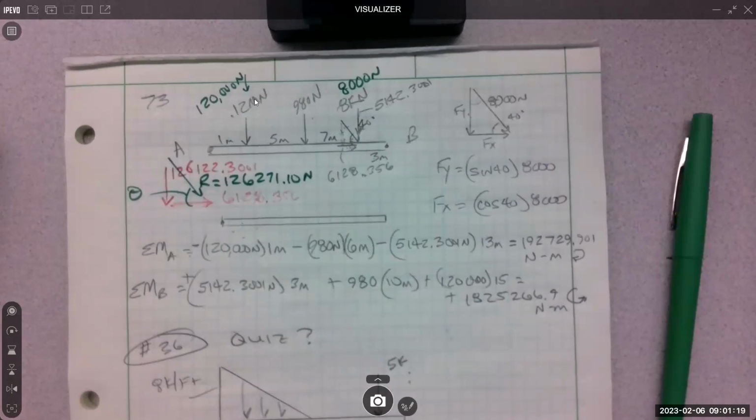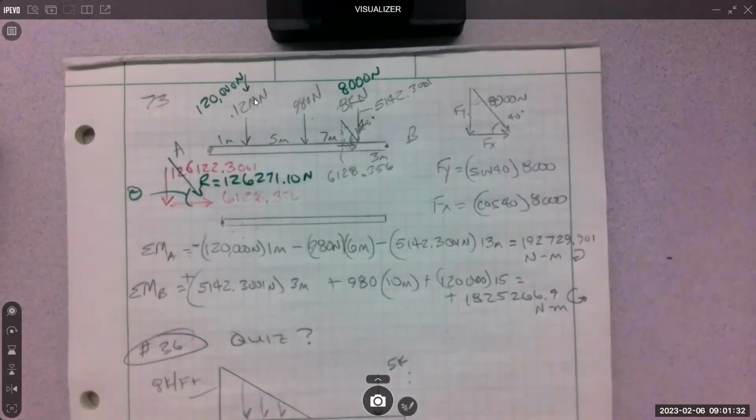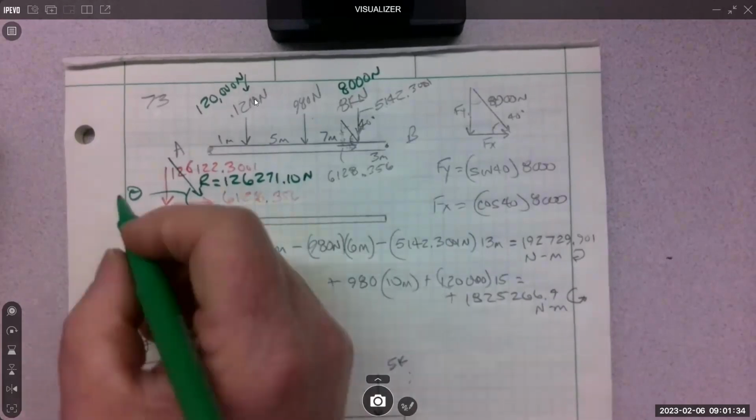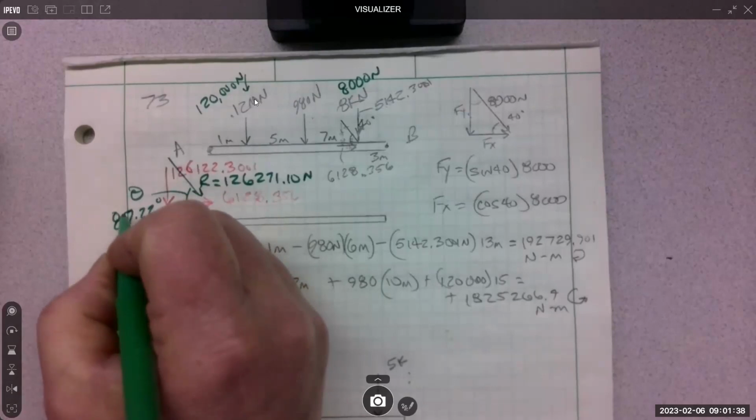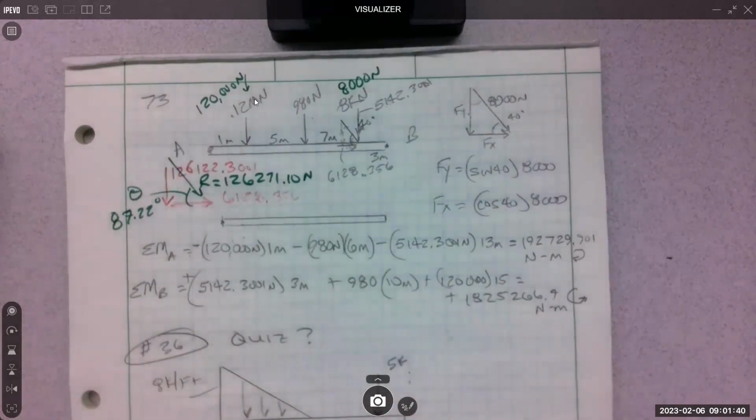We have big numbers. It's going to be close to 90, 87.22 degrees.